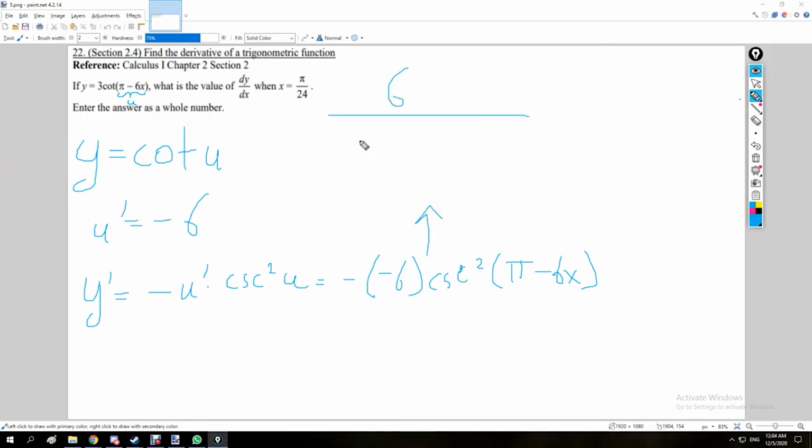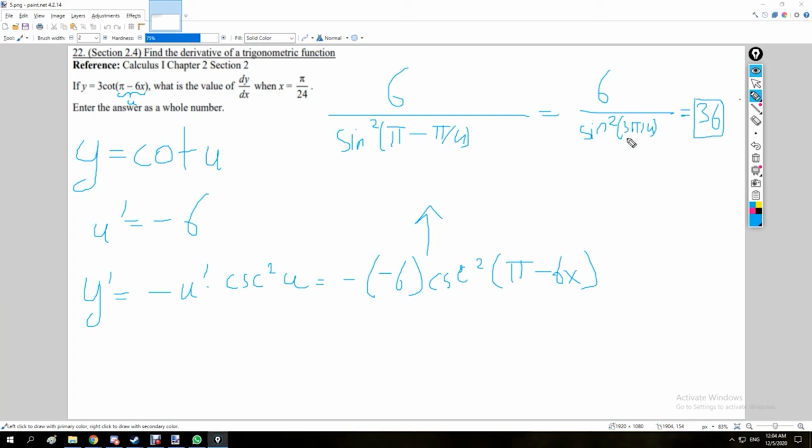So it's simply going to be equal to 6 over sine squared. Pi minus 6 times pi over 24 is just pi over 4, which is equal to 6 over sine squared 3 pi by 4, which is equal to 36. So the answer for this question is 36.